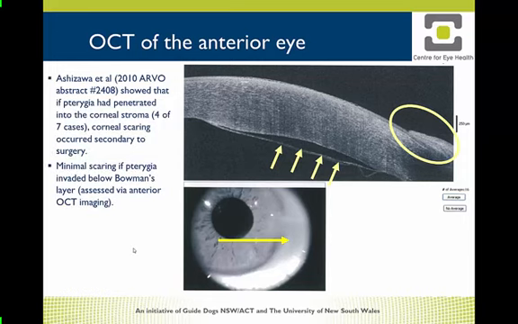Now there were a couple of very interesting abstracts a few years ago at ARVO. A Japanese group reported that if the pterygium was penetrating into the cornea, as in the first example up here, then corneal scarring occurred secondary to surgery, less so in cases like this. So this gives quite useful information to the surgeon on whether there will or will not be corneal scarring.